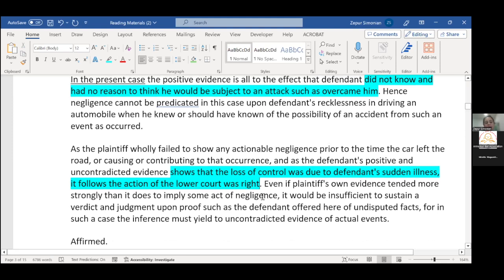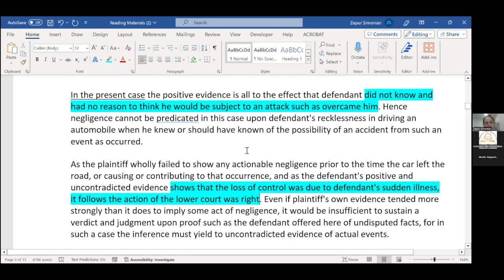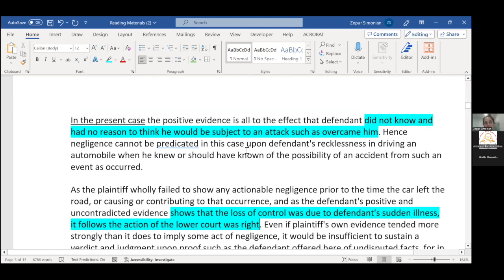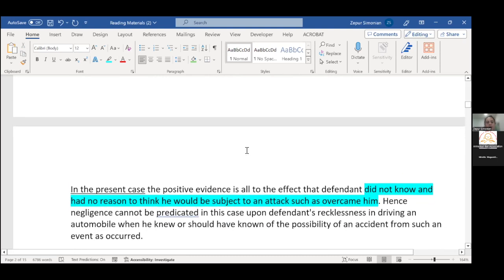That's why technically it's a slam dunk case on a motion for summary judgment, because it doesn't need to go to the jury. Although I think on this one, they went to the jury and then removed it from the jury's hands. That's different from an MSJ, but same concept.